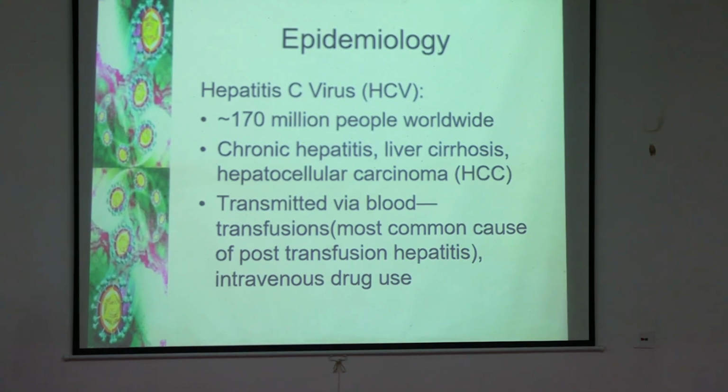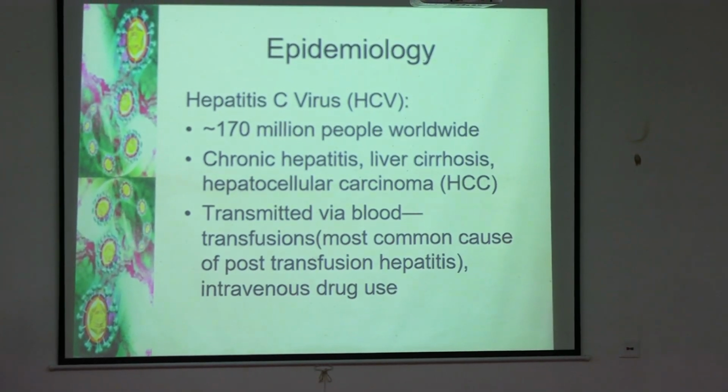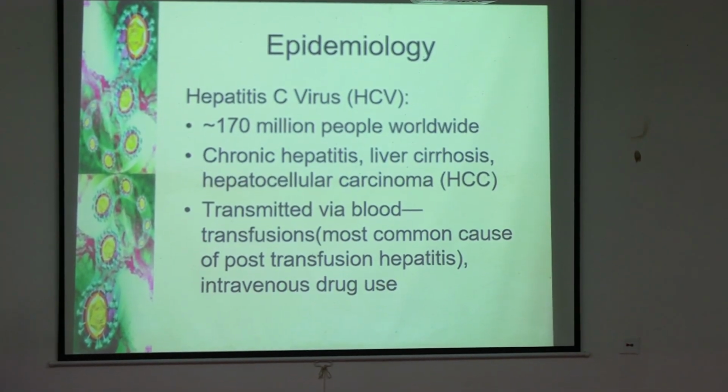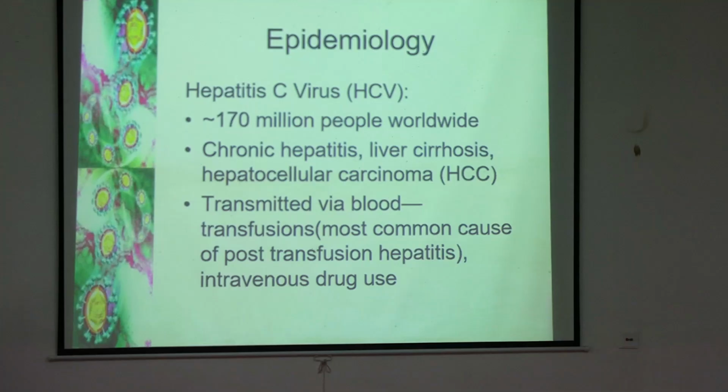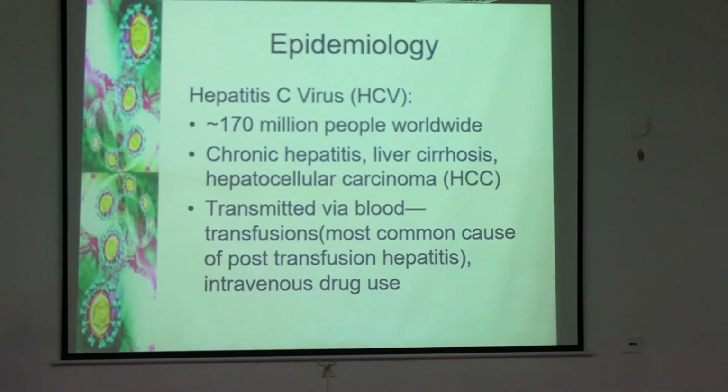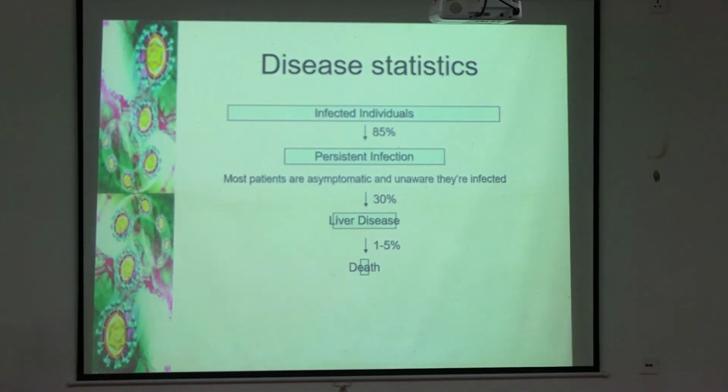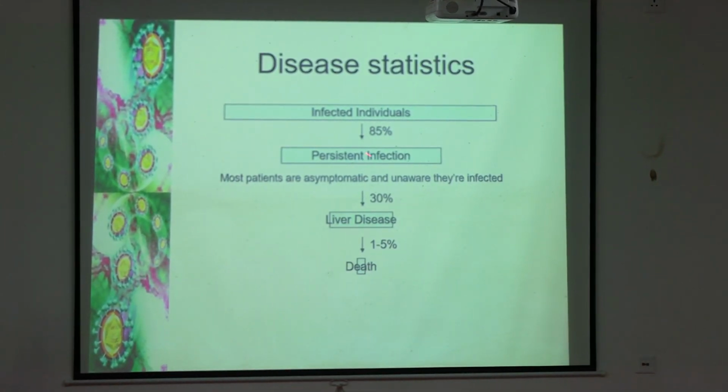Okay, if you know hepatitis B, C becomes easier. Remember, the mode of transmission is the same. Only that one is a DNA virus and this is an RNA virus. About 85% of patients will get persistent infection, 30% will have liver disease, and 1 to 5% will die.